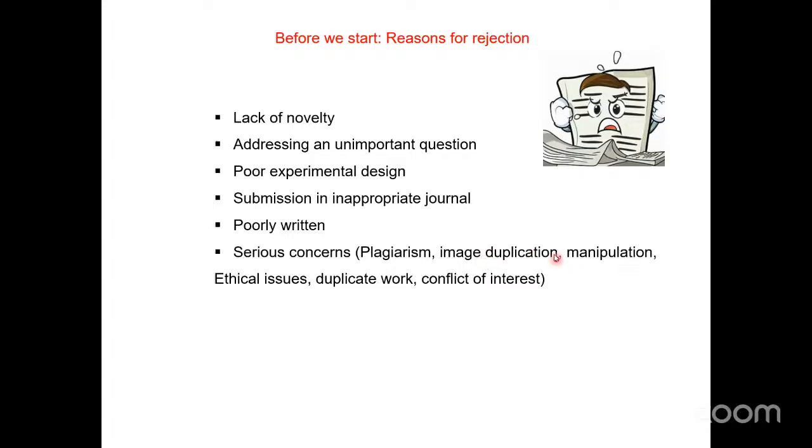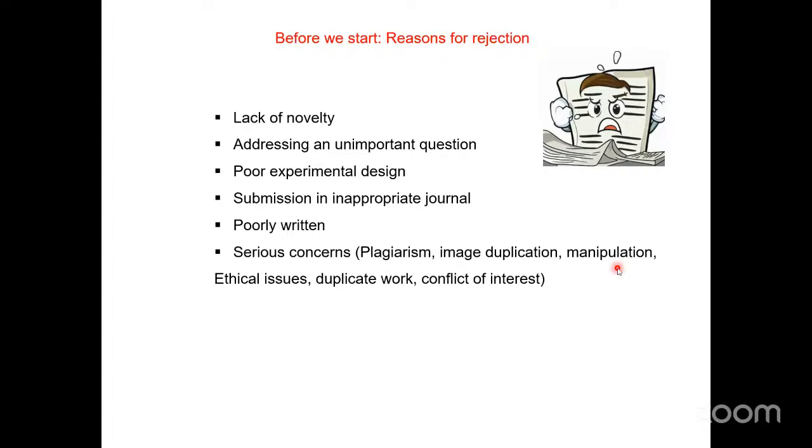Manipulation is a serious concern. If you search for retracted papers in Science, Nature, or any quality journal, medical, non-medical, or basic science, you will see retractions. Retraction happens if there is any manipulation, like image manipulation, data manipulation, or fabrication of data.